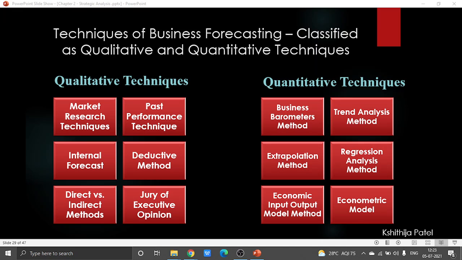That's why an organization can choose any of these techniques, keeping in mind the size and nature of the business, the accuracy that is necessary, and also the cost benefit factor. So this is one way of seeing the types of business forecasting method.